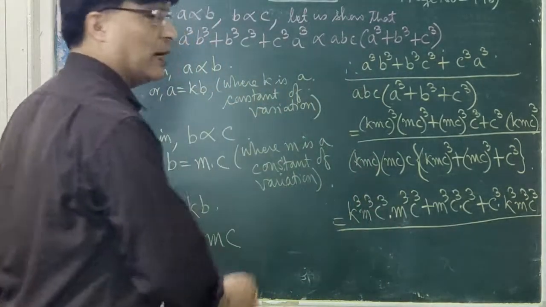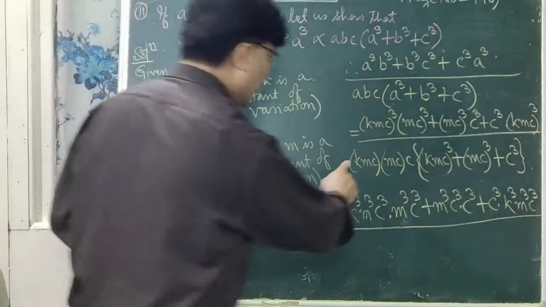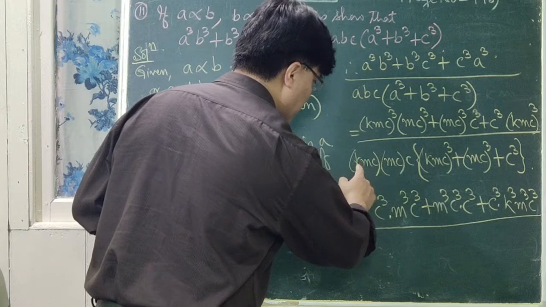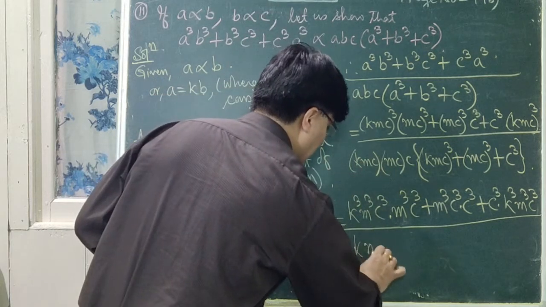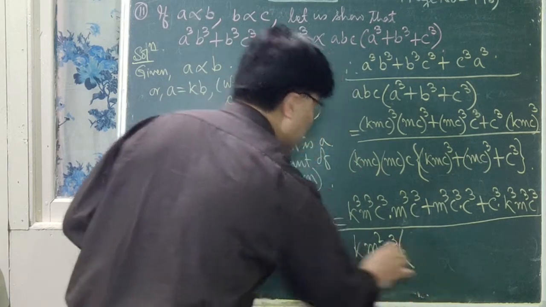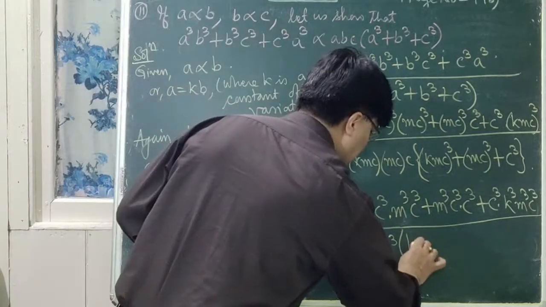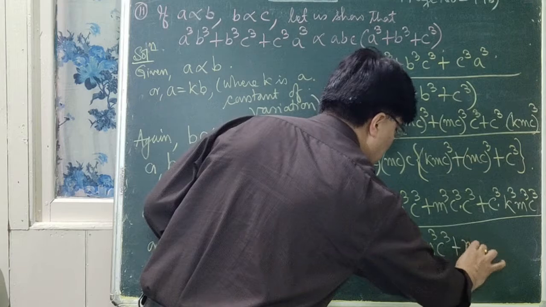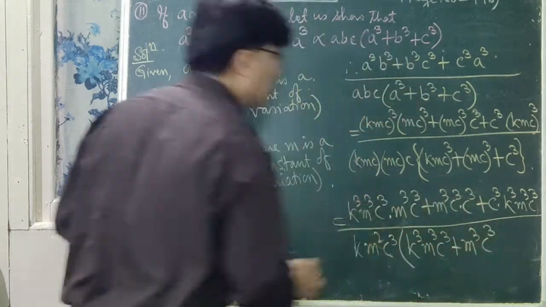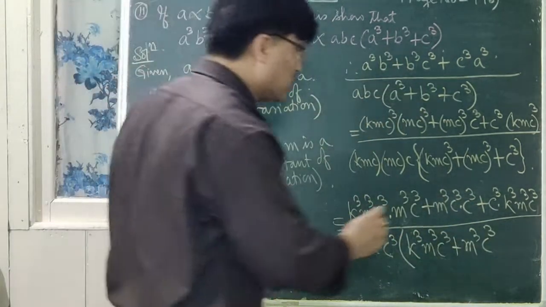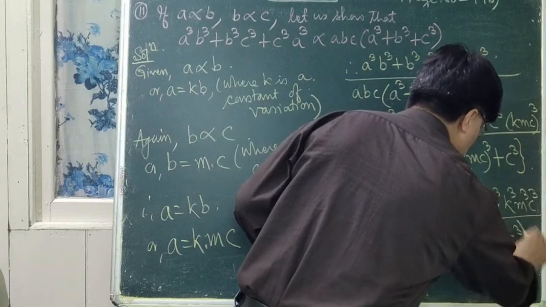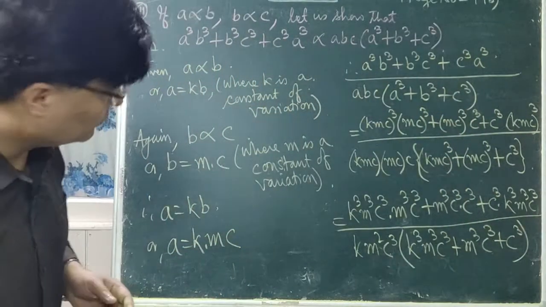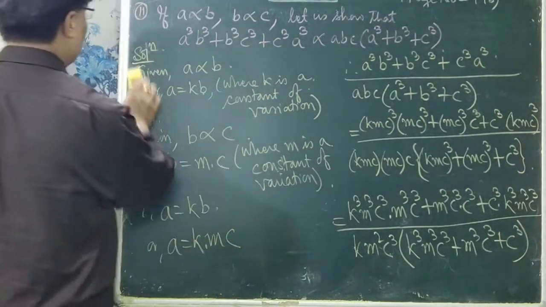This whole divided by, what is here? This is only K M square C cube, and within the bracket what do we get? This is K cube M cube C cube plus, what is MC whole cube? That is M cube C cube plus C cube, right? So let us simplify it further.